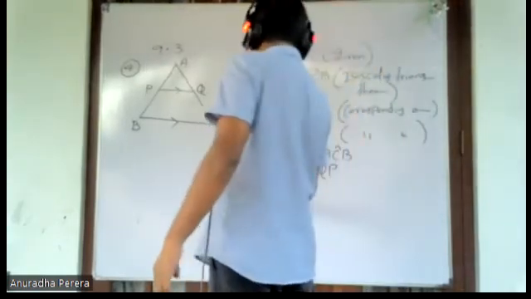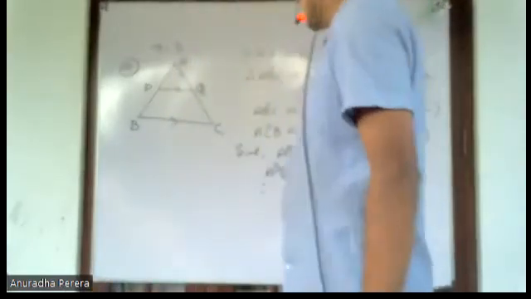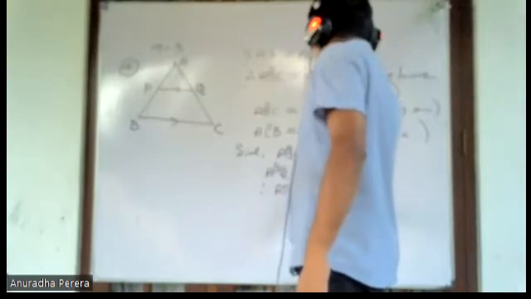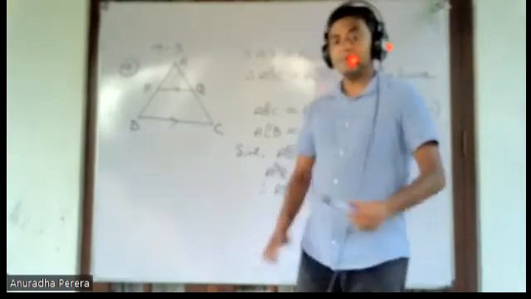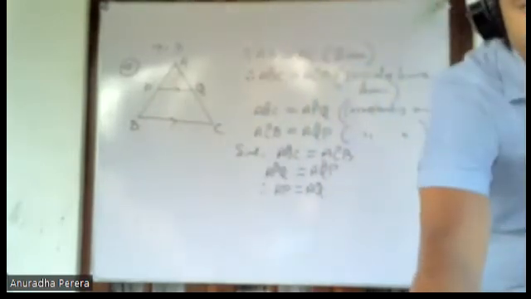Therefore AP equals AQ. What is the theorem? Converse of the isosceles triangles theorem. If two angles are equal, the corresponding sides are also equal.